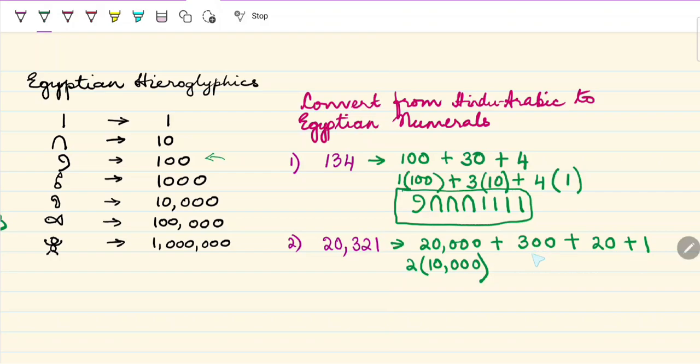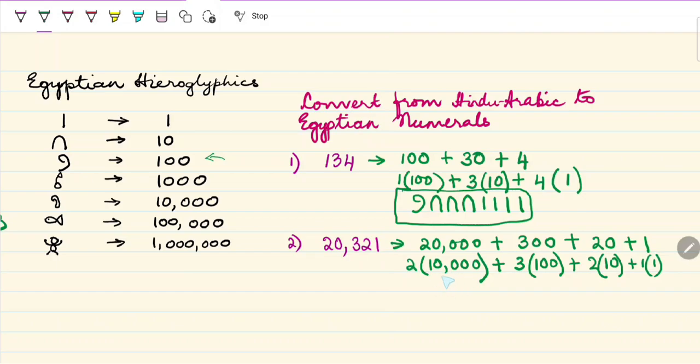And then we have 300s, so I'm going to write it as plus 3 times 100. And then plus 2 times 10. And there is only 1, 1. So plus 1, 1. All right. And now let's start writing the whole numeral in Egyptian symbols.